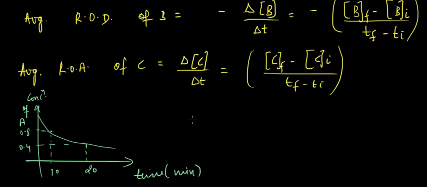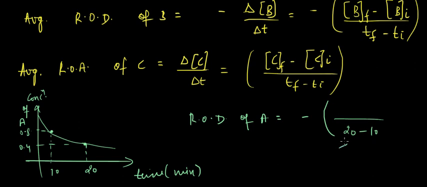So from this we can write the rate of disappearance of A. We have to find the rate of disappearance of A between time t equals 10 and t equals 20. So TF would be 20 and TI would be 10.